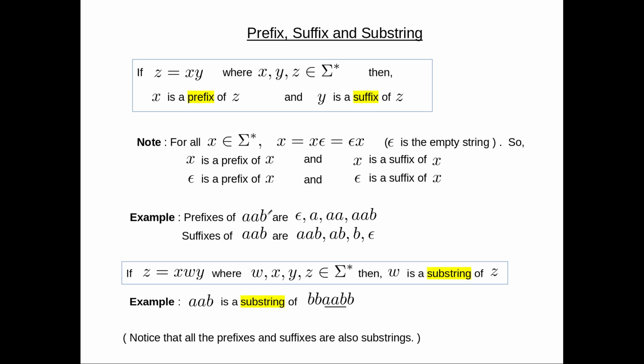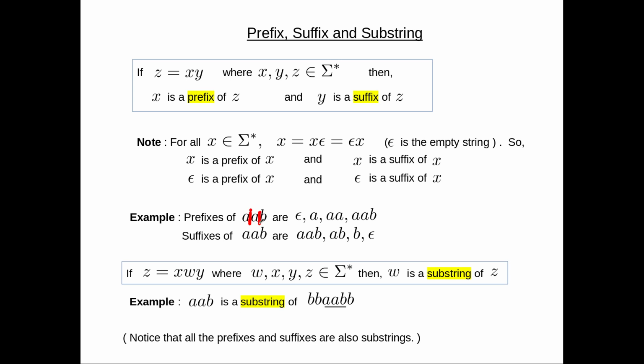Again, an example. If you take this string, what are all the prefixes? Obviously the empty string is a prefix, so I can chop it here. I can chop it here so that this a is a prefix.